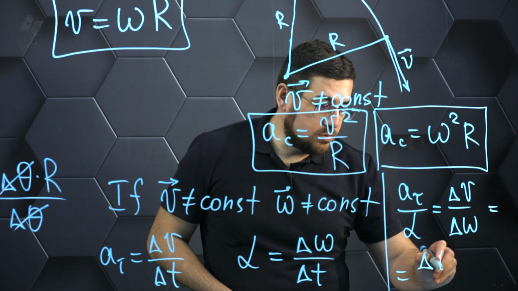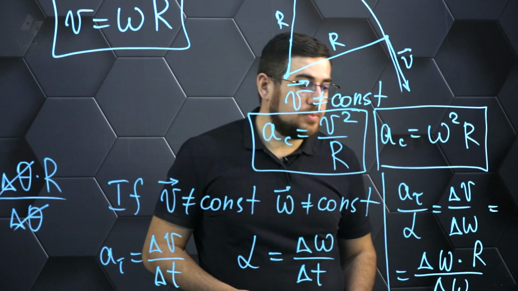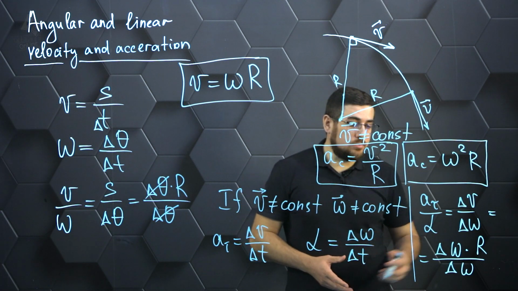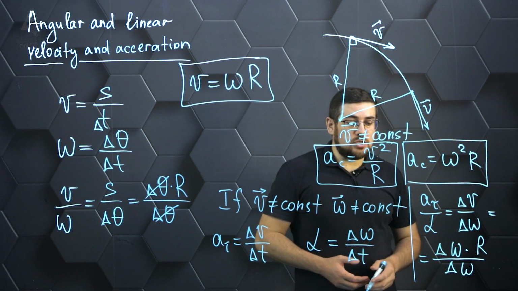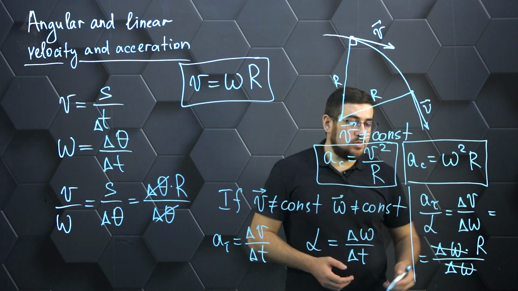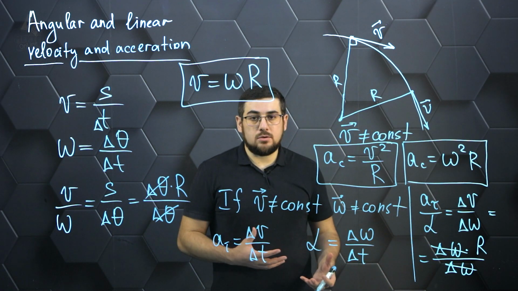What we get is delta omega times the radius divided by delta omega. It is clear that only the velocity changes, the radius remains constant, so we've written the expression in this form. And thus, reducing the change in angular velocity, we obtain the relationship between the two accelerations, linear and angular.